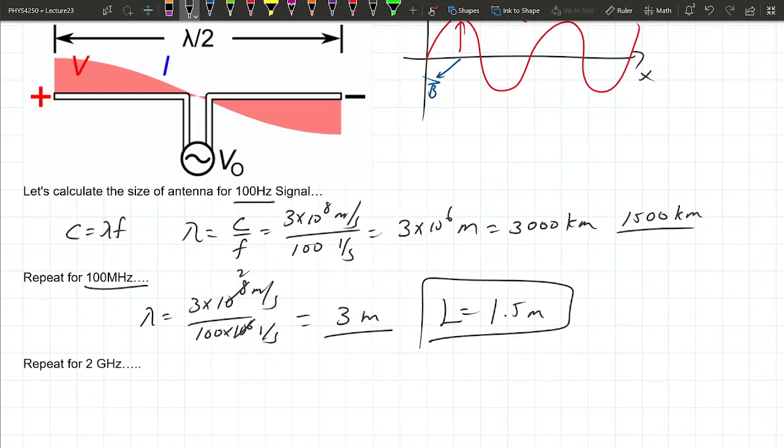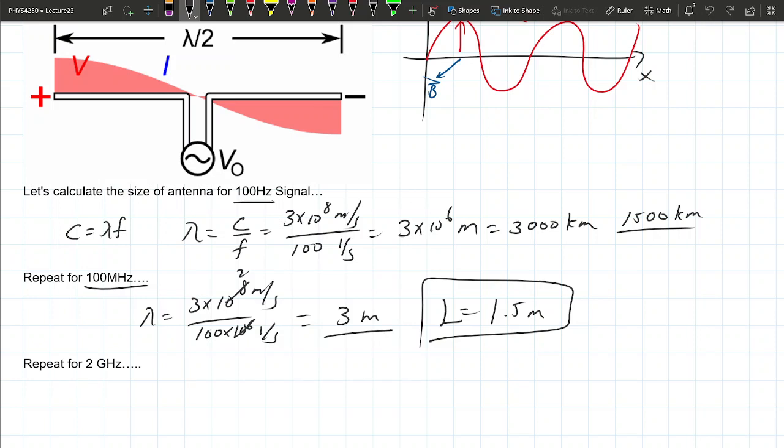Where have you seen 1.5 meter long antennas? About a meter long. Where? Car antennas. And what is the frequency of FM radio in your car? About 100 megahertz. That's why they make it that long.